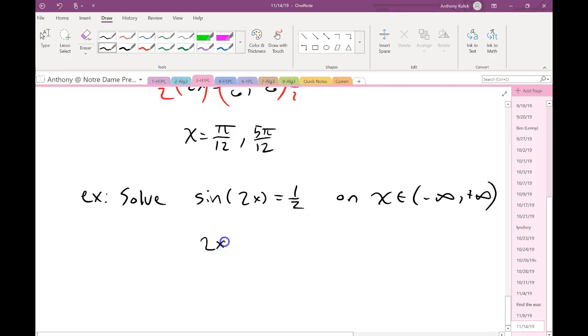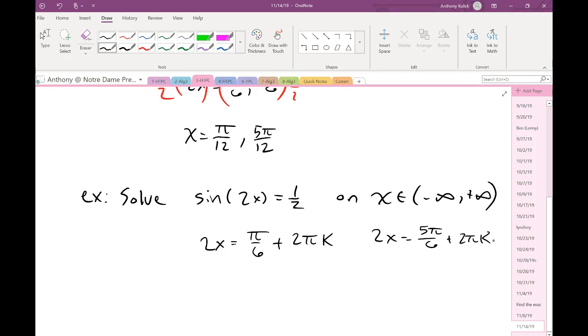So if I do the same thing, I get 2x is equal to pi over 6 plus 2 pi k, and then 2x is equal to 5 pi over 6 plus 2 pi k. Everybody's okay with that, since we're solving the infinite one?